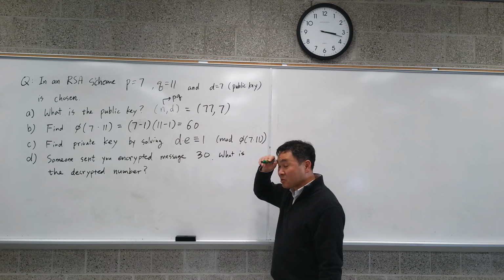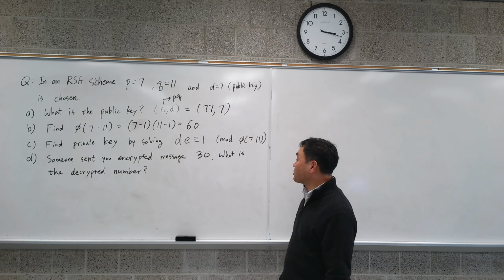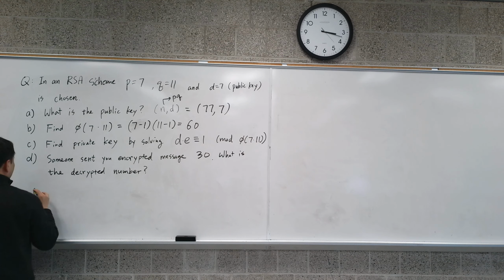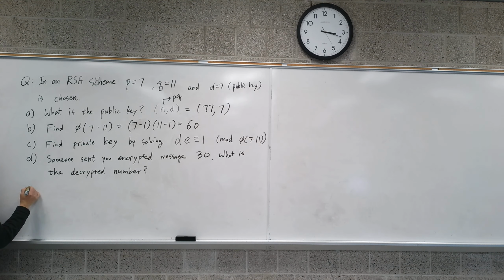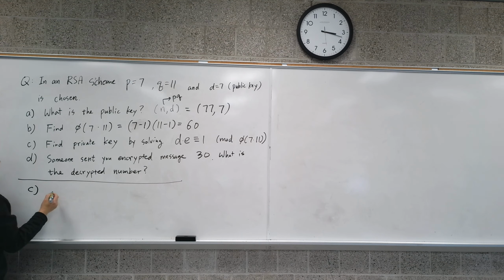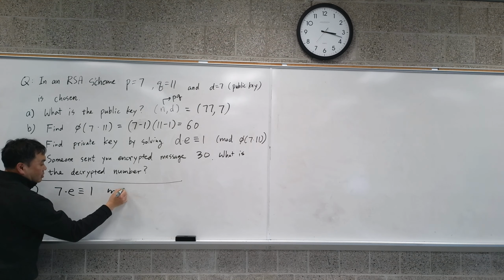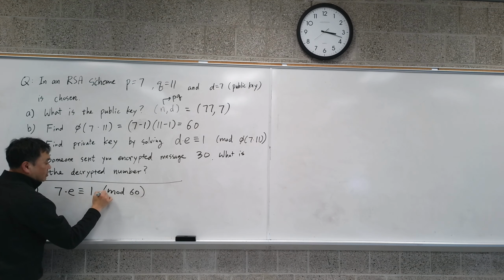Okay, so let's try to solve this C. This will be the first question that's a bit tough. Your D is 7, so since D is 7, we're trying to solve 7 times E congruent to 1 mod 60.